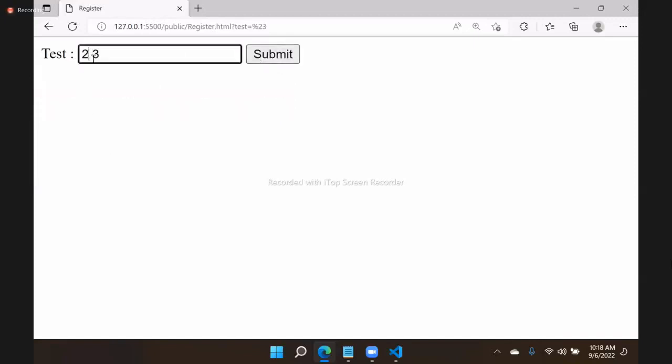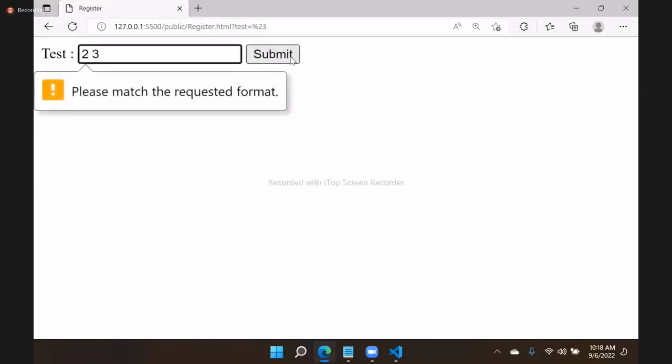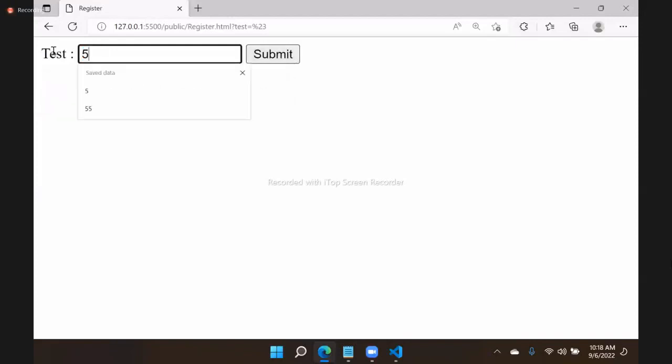Here again, the quantity options are important. I'm using space and submit here. It's not allowing. Suppose I'm using 5 space 6, and it is allowing. Actually, it is allowing the previous also.